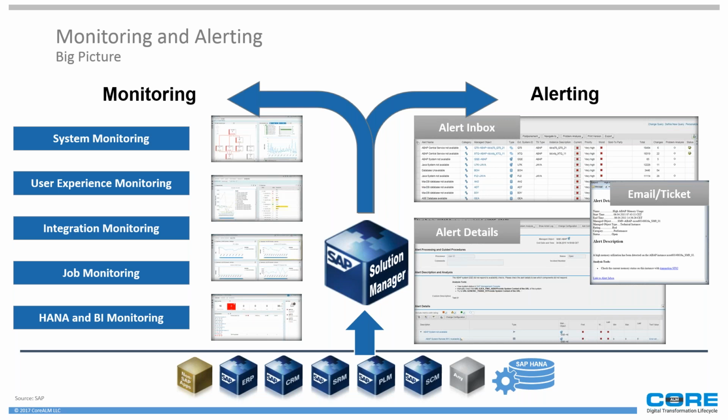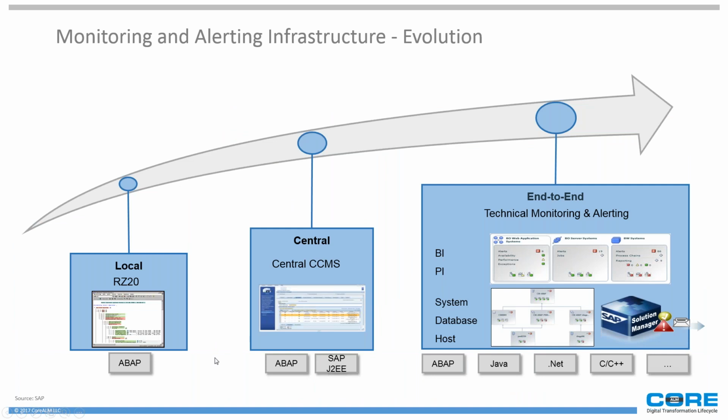You can integrate with third-party tools for your ticketing system, so you can send tickets to your ticket management tool, such as ServiceNow or Remedy. There are many others out there, so you can integrate with those, and so you can dispatch the alerts and handle them appropriately into your existing infrastructure without having to reinvent how you handle these incidents.